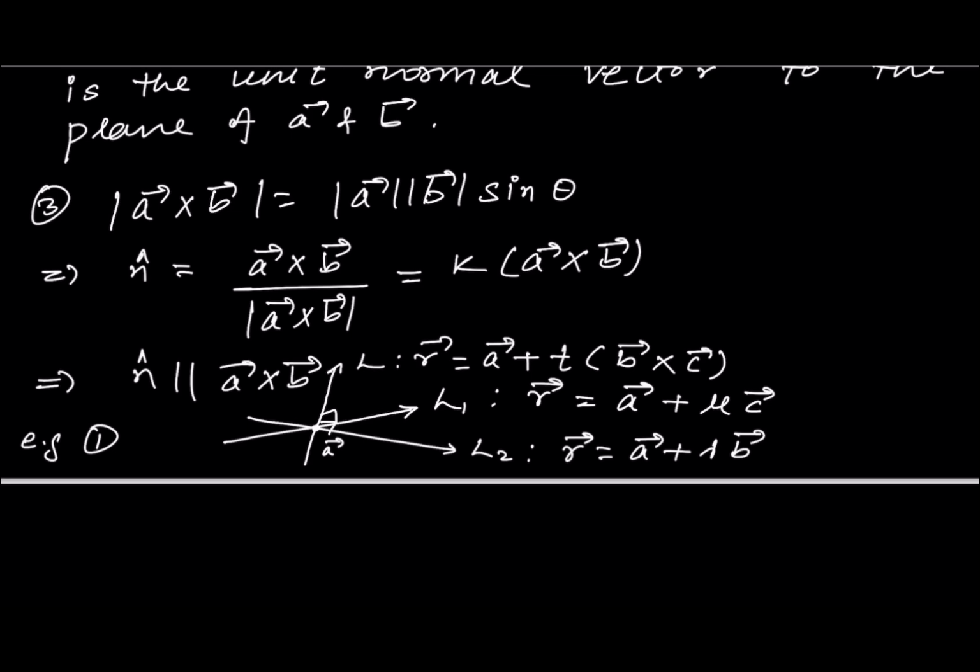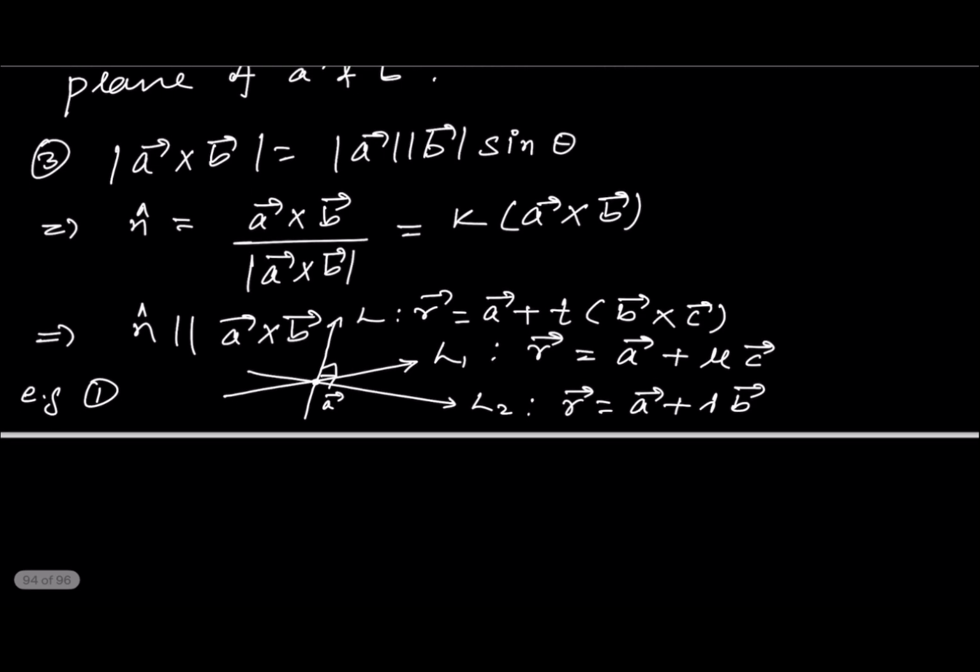Because B cross C is perpendicular to B and C, right? So this is the required equation of line L.